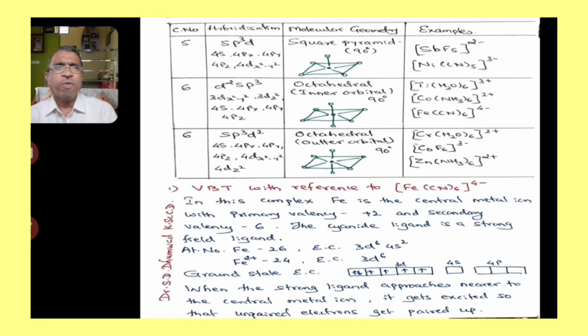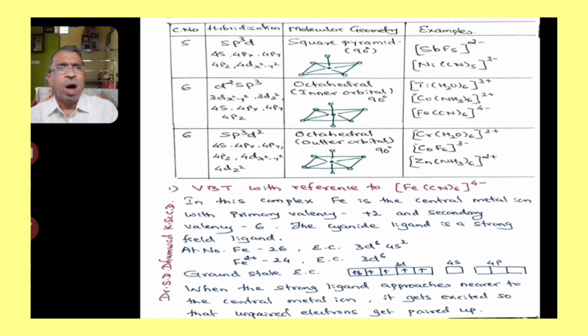Now the complexes with coordination number 6 also have inner orbital and outer orbital complexes. Here, in the case of inner orbital complexes, 3dx²-y² and 3dz² orbitals are involved, giving octahedral geometry with a bond angle of 90 degrees. Examples are the hexaaqua titanium 3 ion, hexamine cobalt 2 ion, and hexacyanoferrate 2 ion.